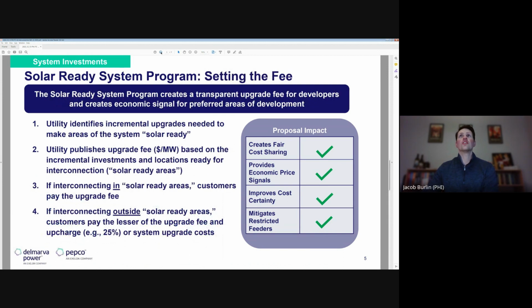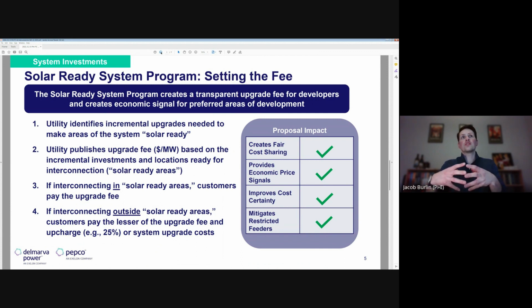So what does this start to look like in terms of setting the fee? The utility will identify what those upgrades are necessary to create that solar ready area. That translates into a dollar per megawatt fee based on what those incremental investments are going to be and the locations that are then ready for interconnection.